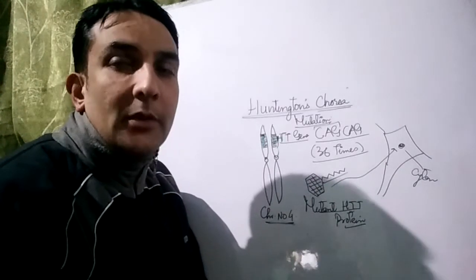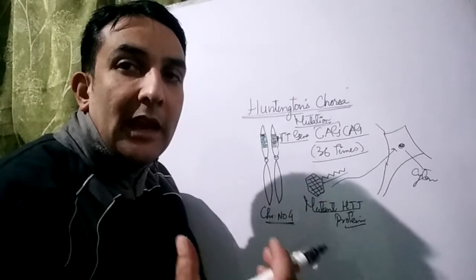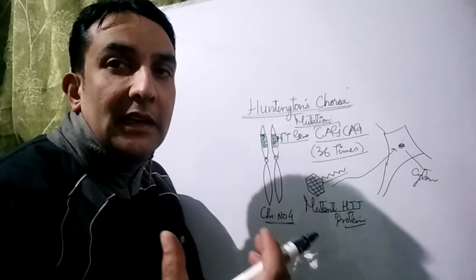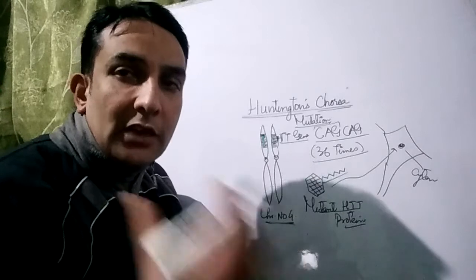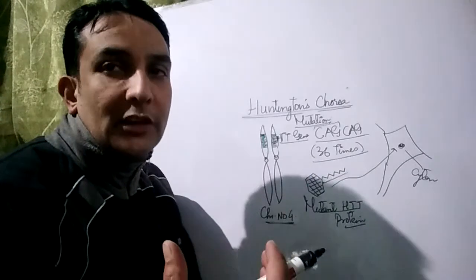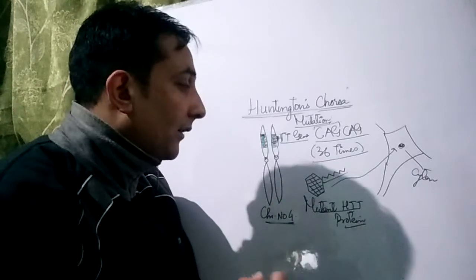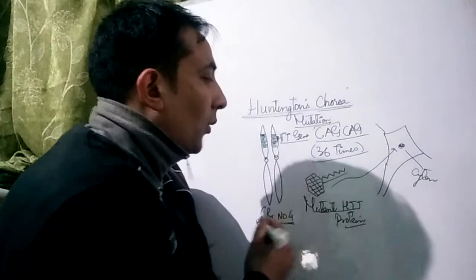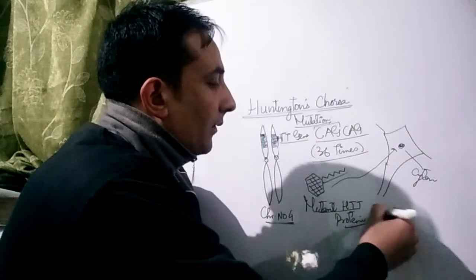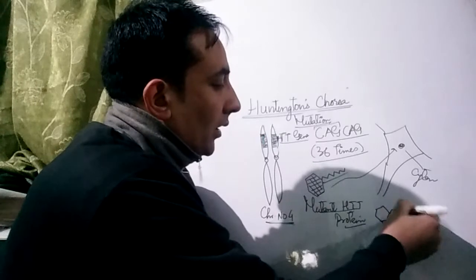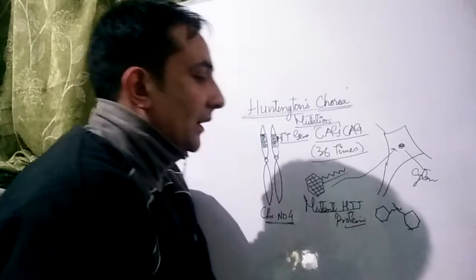Once the normal HTT protein goes into the neurons, it controls the command center and carries out certain functions which are necessary for maintaining normal functioning of the neurons. But when it is the mutant HTT protein, it creates problems in that once the mutant HTT proteins go inside the neuron, you will see clumping of these mutant HTT proteins occurs by their long polyglutamine tails.